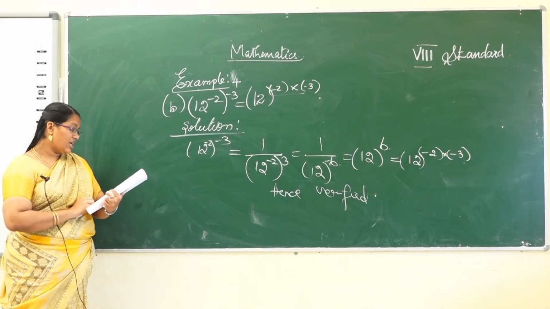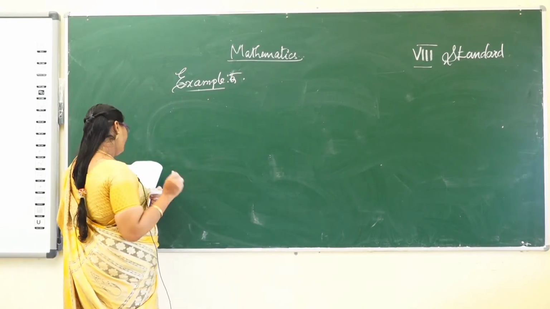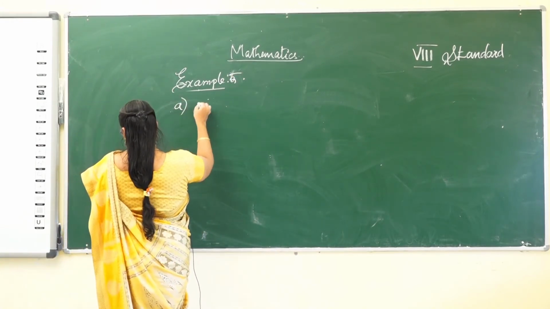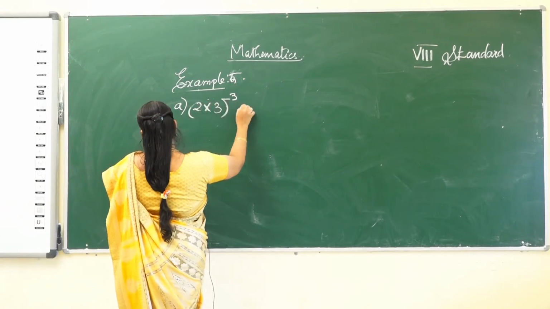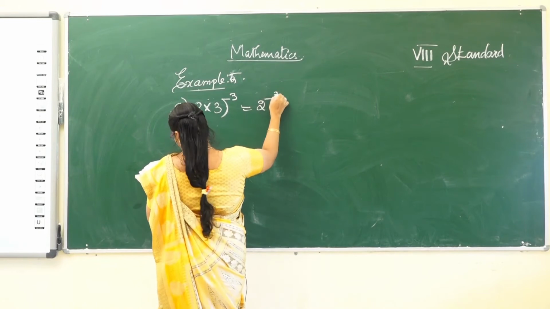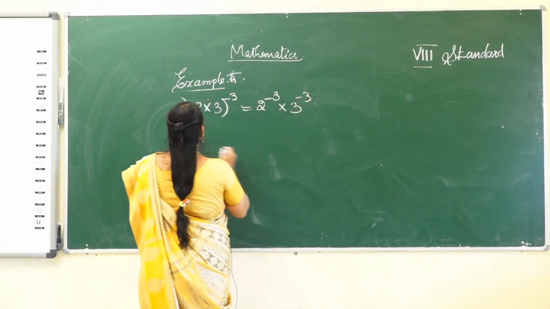And next see Example 5. Verify the following. The first option: (2 into 3) power of minus 3 is equal to 2 power minus 3 into 3 power minus 3.